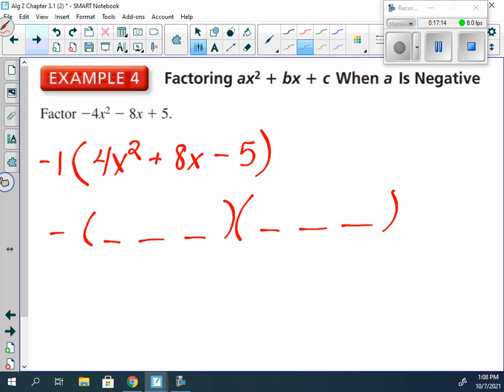So we're down to step 3. If the third term is positive, the signs are the same and they match the sign of the middle term. If the third term is negative, the signs are opposite. So here, since the 5 is negative, we're going to have positive and negative opposite signs.